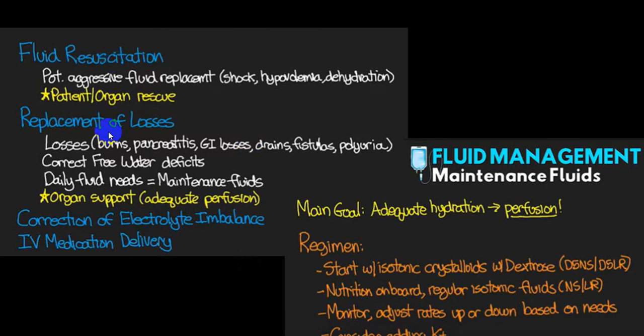So fluid resuscitation, replacement of losses, and correction of electrolyte imbalance, and you can also give an IV fluid with medications. So the main goal is adequate hydration and to maintain the perfusion. Usually, we always start with isotonic crystalloids. Nutrition should be taken care of. You can use a regular maintenance fluid, normal saline or Ringer's lactate.